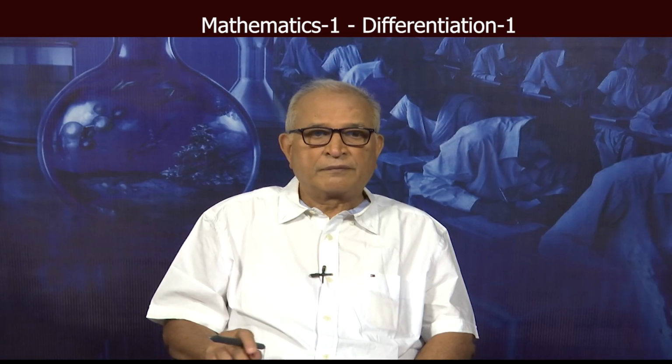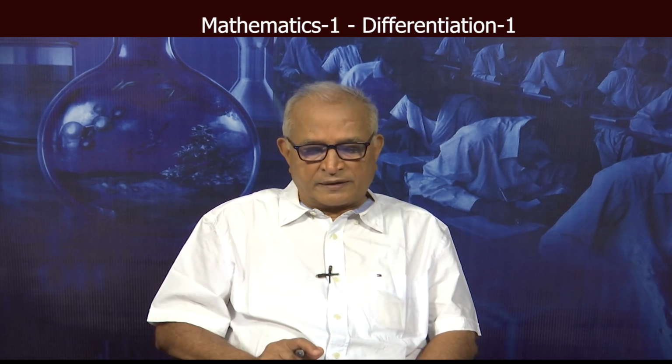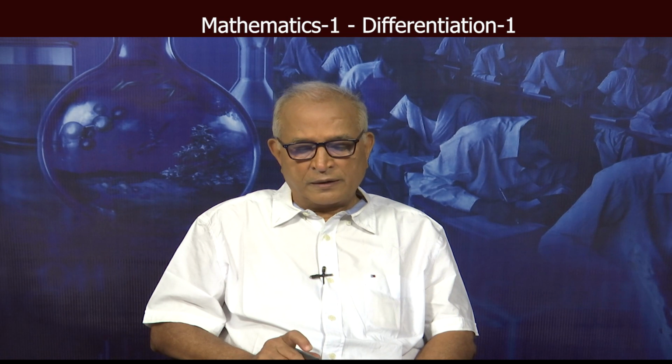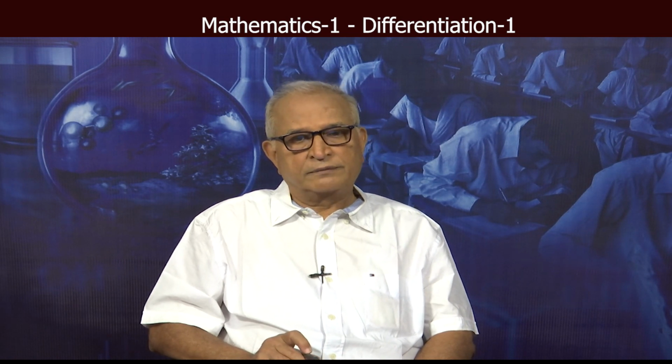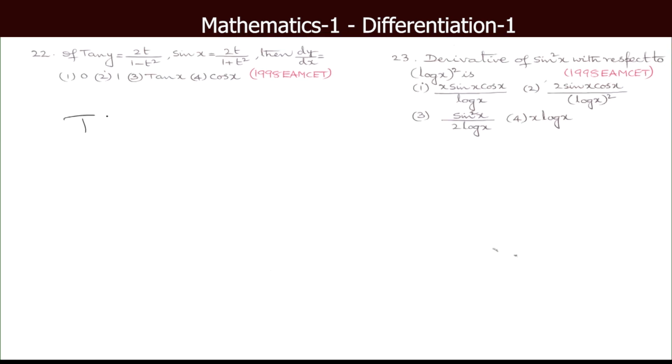Next, 22nd. Y equal to tan y, that is equal to 2t by 1 minus t square. Let us put t equal to tan theta, tan y equal to tan theta. 2 tan theta by 1 minus tan square theta, that is tan 2 theta. Y equal to n pi plus 2 theta.